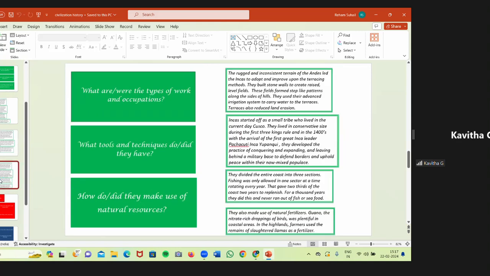They divided the entire coast into 3 sections. Fishing was only allowed in. Anybody? How did they make use of natural resources? Yeah, I think it fits there, no? Any other question it fits?